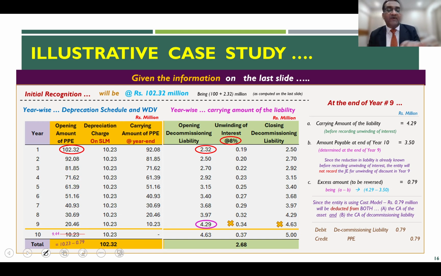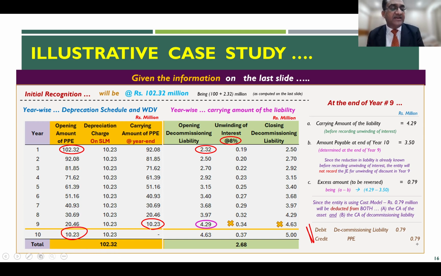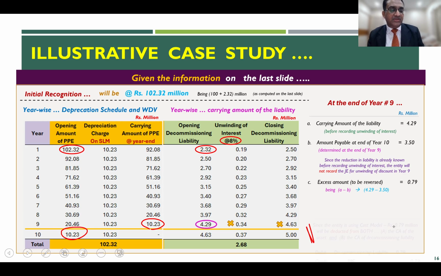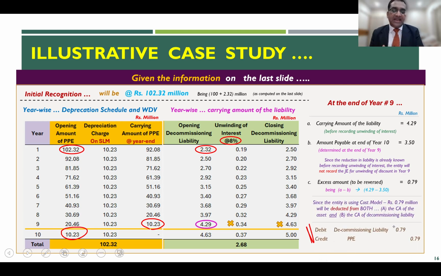Now, what will happen? After you record this entry, your PP&E balance will come down by 0.79, because you have credited the PP&E here. So your PP&E balance will come down from 10.23 to 9.44, that is, 10.23 minus 0.79. Likewise, your depreciation for the 10th year will come down from 10.23 to 9.44.